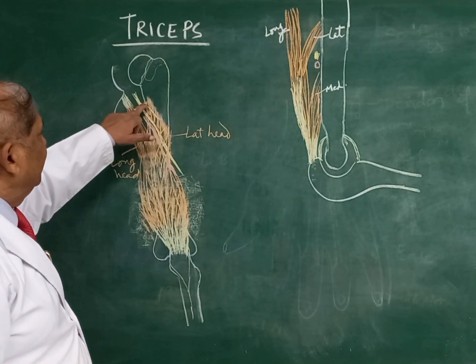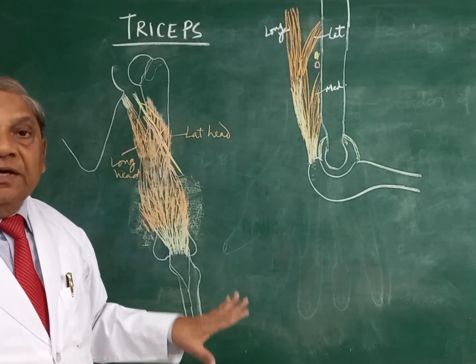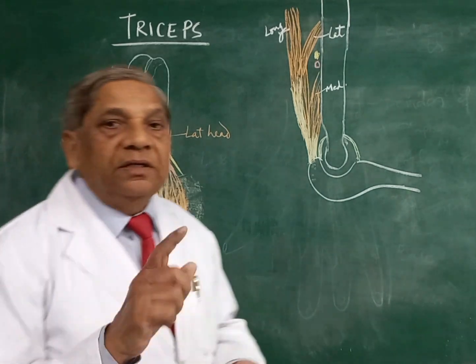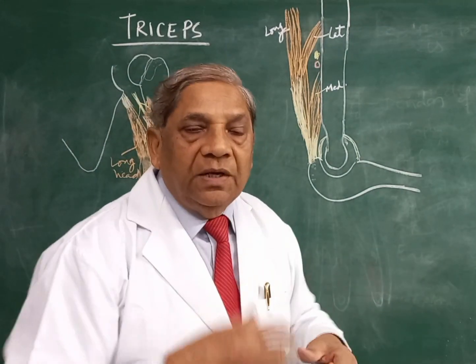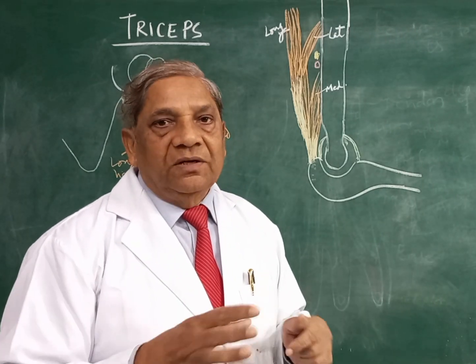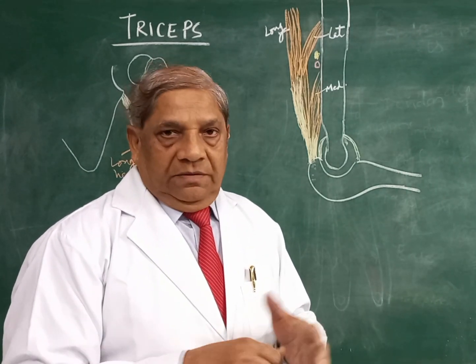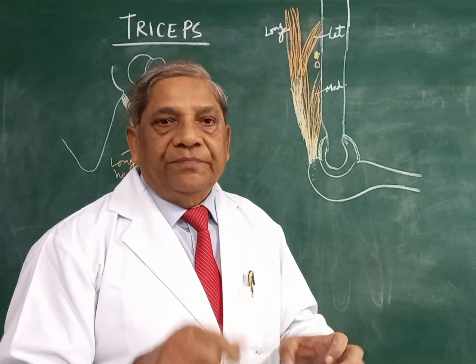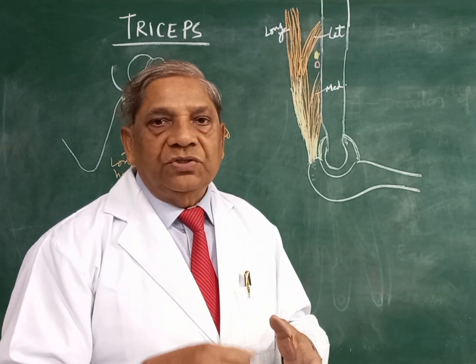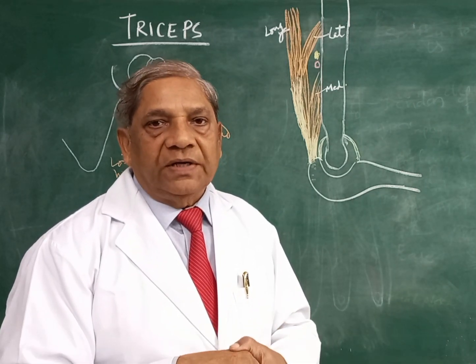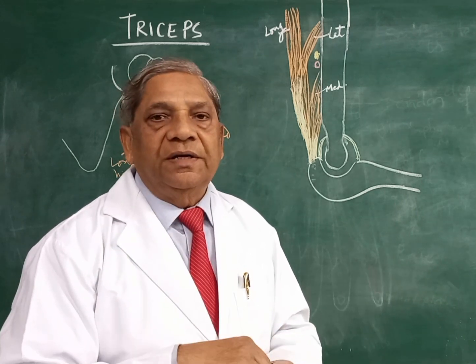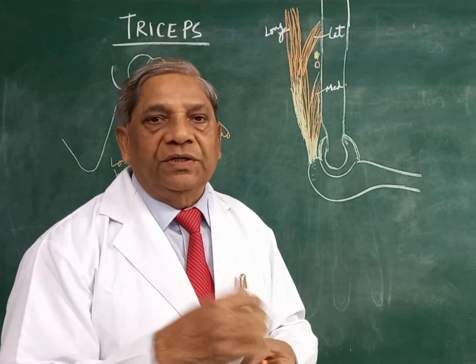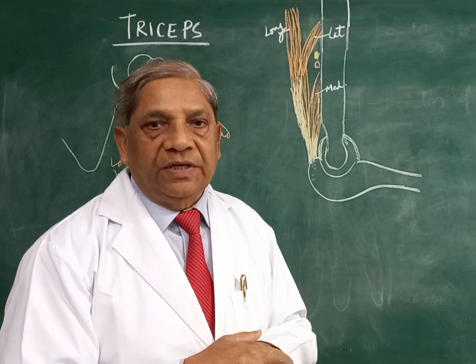Okay, so these branches are still intact, and hence mostly in the fracture of the humerus from the mid shaft, the triceps escapes paralysis, because already the nerve has supplied before it was injured in this radial groove.